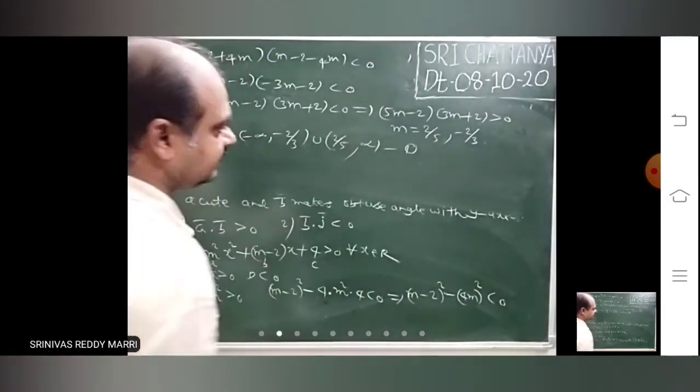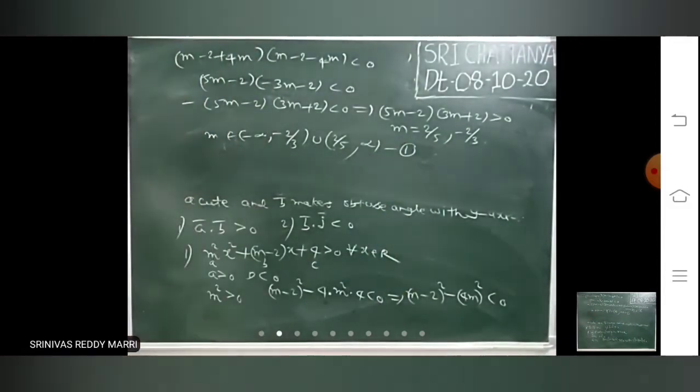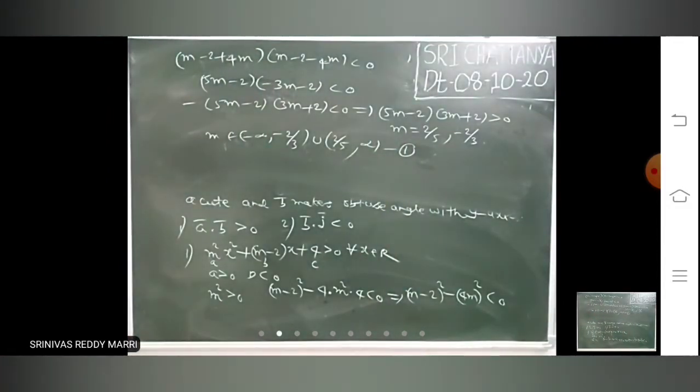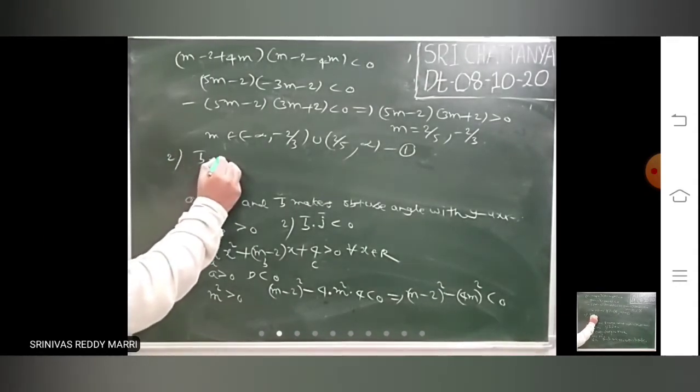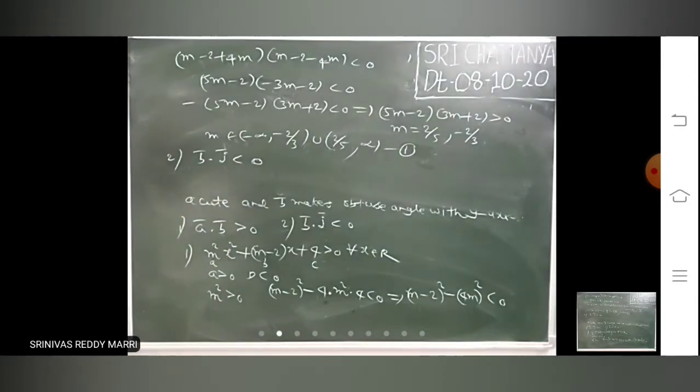This is the first one. Solution of the first one: acute angle between A bar and B bar. Second one.